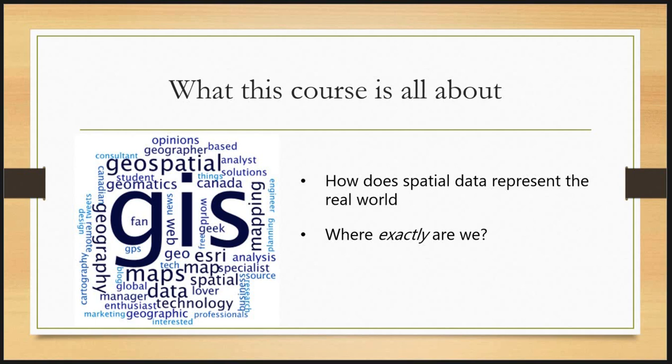We're going to talk a lot about the differences between using some kind of graphic representation and all of the nuances that come with the real world. And we need to be thinking about all of those scale differences, accuracy, precision differences when we're doing our analyses. And then we are going to talk a lot about coordinate systems, which is what I'm talking about when I say we're going to talk about where we are.